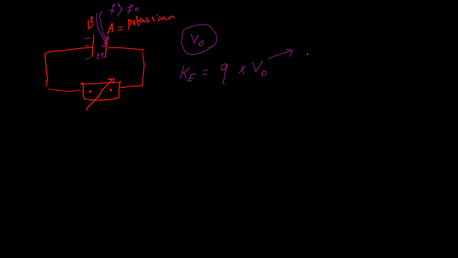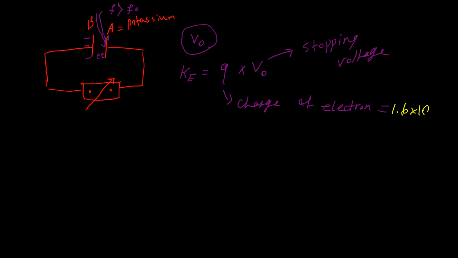So if I name this one stopping voltage, this one is the charge of electron, that is equal to 1.6 times 10 to the power minus 19 coulomb, that for electron is negative, and if you multiply these two, that is equal to the kinetic energy of the electron.